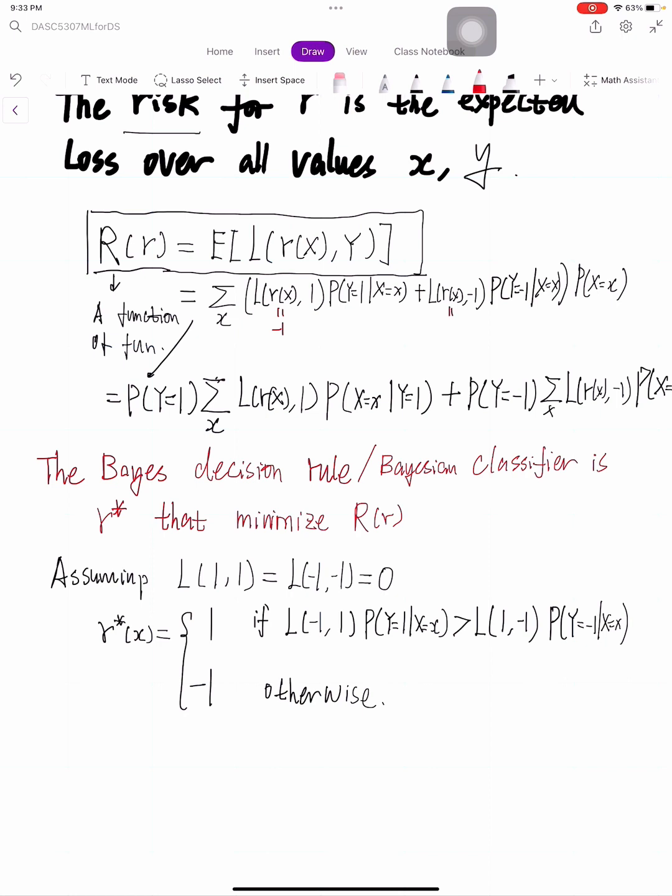If we predict R(x) equal to 1 or negative 1, if we predict 1 and the truth is 1, the loss is 0, right? So for the non-zero part, we have only two cases. The true value is 1 but we predict negative 1. The true value is negative 1, we predict 1. And therefore, this risk function will be minimized.